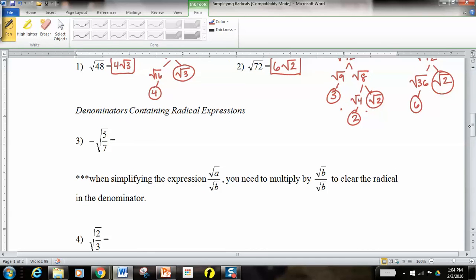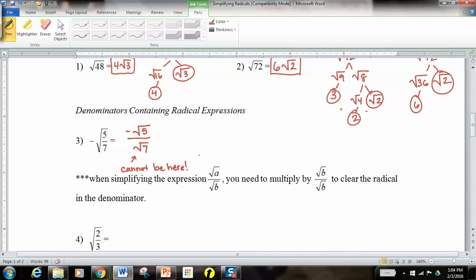All right, denominators containing radical expressions. Remember our rule. Our rule says we can break this up into the negative square root of 5 over root 7. You cannot have a radical in the denominator. So I'm going to show you how we get rid of that.